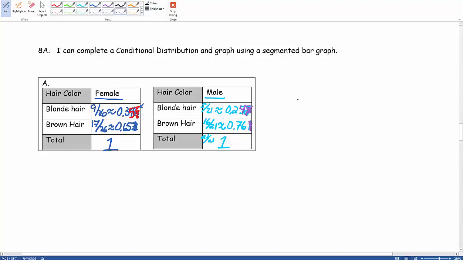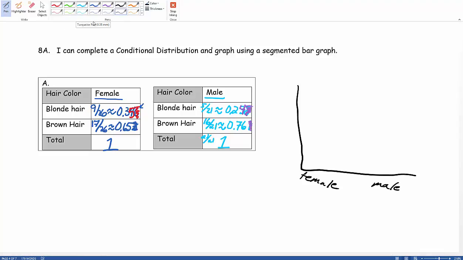Now we'll go ahead and construct our segmented bar graph. So over here we'll make this one the females, and the males over here. When we're looking at our percentages, we do have to go up to a full 100%, and we'll be looking at the blonde hair and the brown hair all together on one single graph.